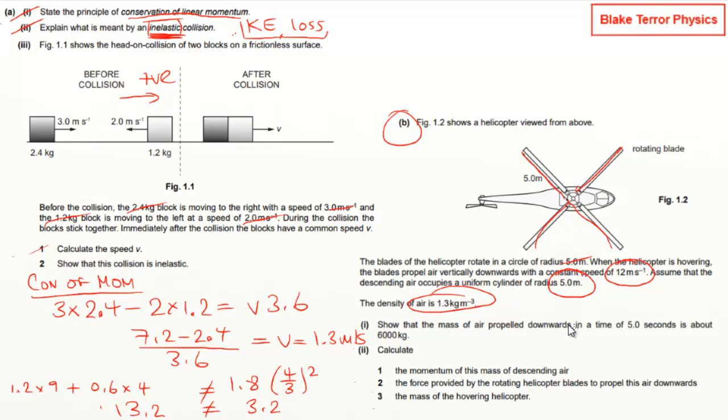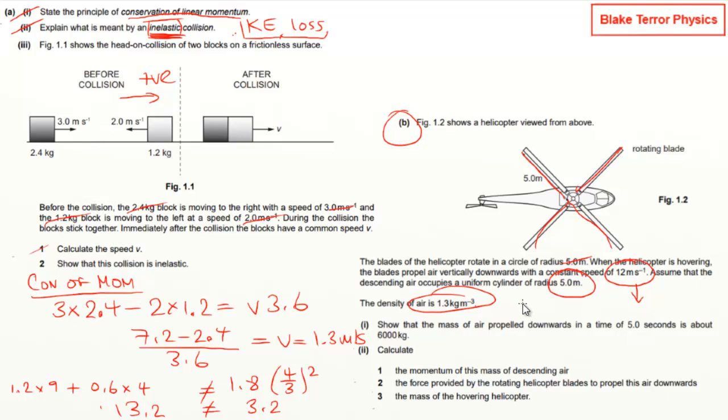Right, so we need to get the volume of this cylinder, a 5-second cylinder, and then multiply it by the density. So in 5 seconds the air has been propelled down 60 meters. We've got 60 meters worth of air in this cylinder, because we've got 12 meters per second for 5 seconds.